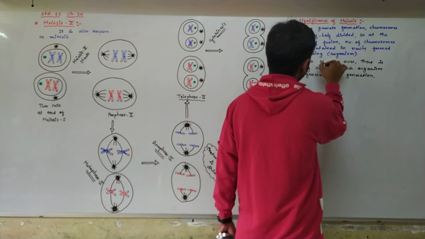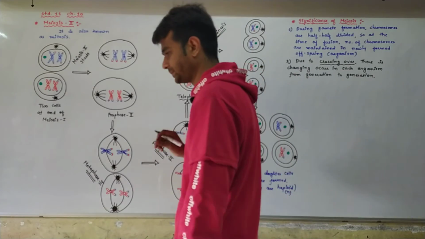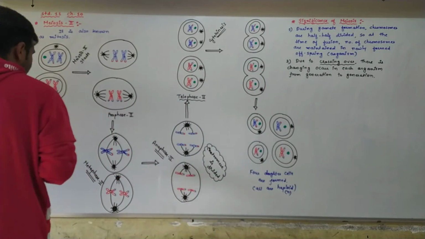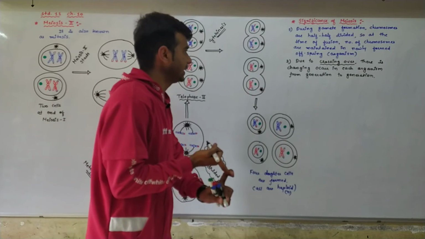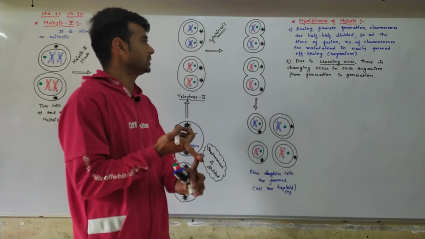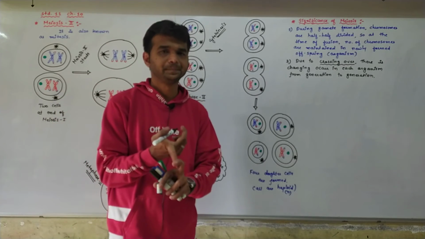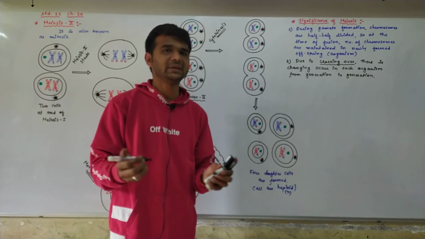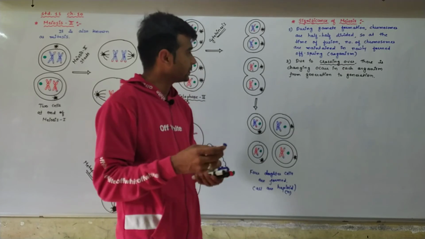Due to crossing over, you know that crossing over occurs in the pachytene phase. You know that chromosomes are twined around each other, and due to that, changes occur in each and every organism. So each and every organism is different from their parents, from generation to generation.